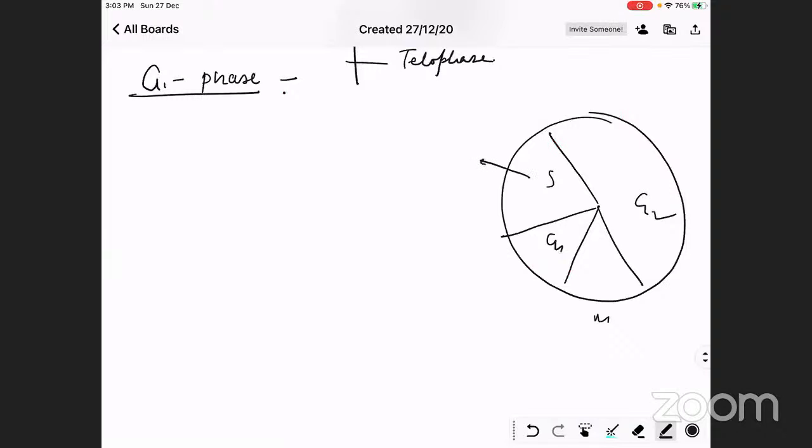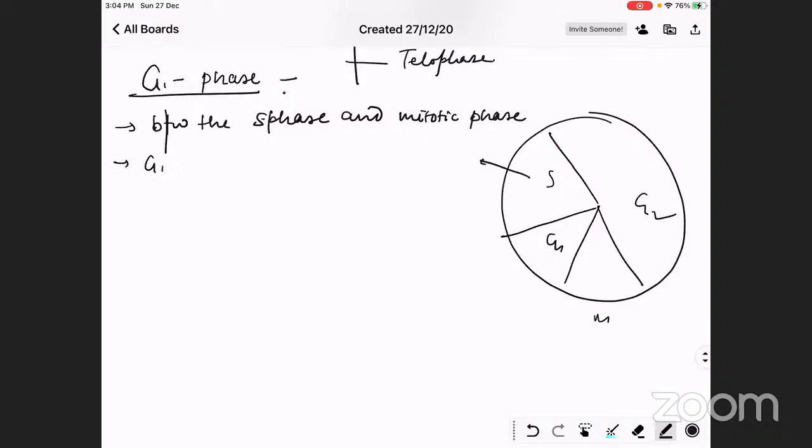S phase is known as the synthesis phase. So G1 is the phase between the mitotic phase and the S phase.